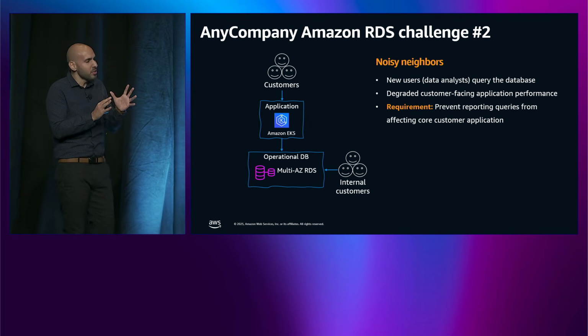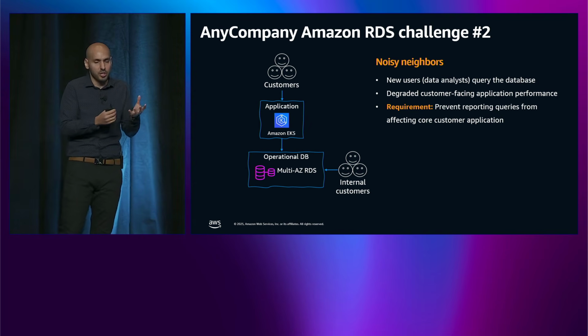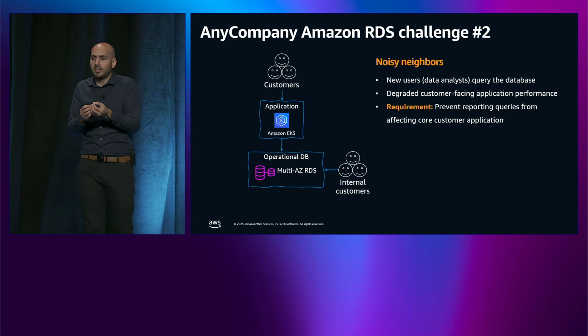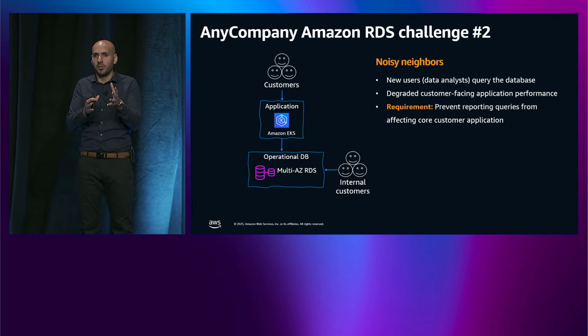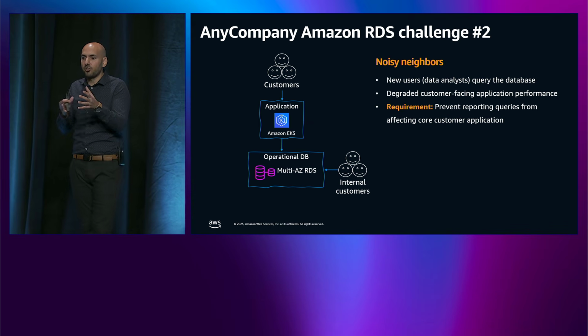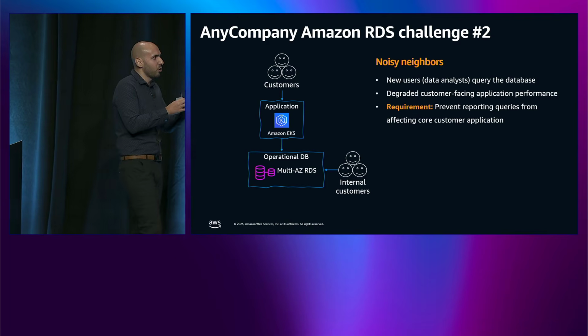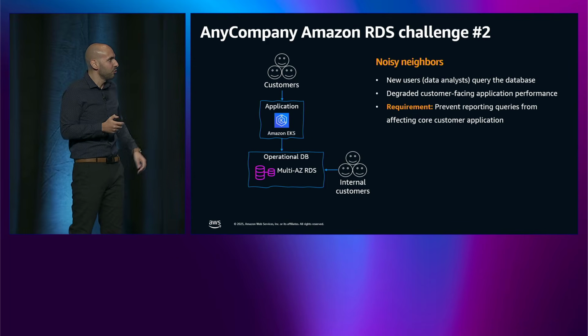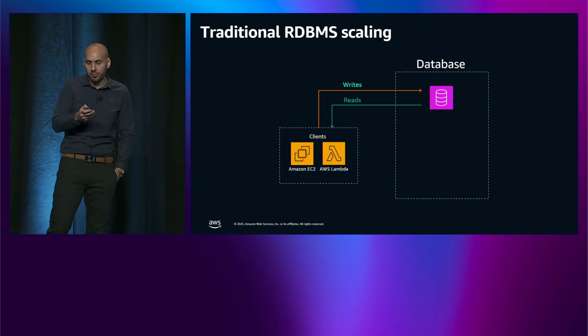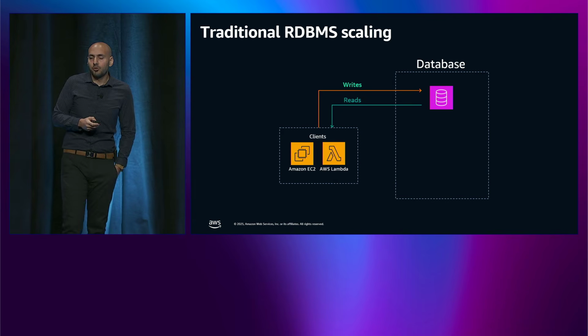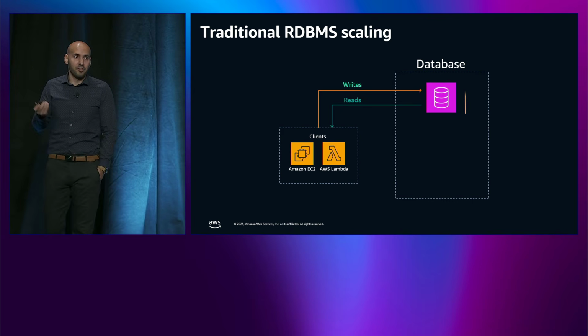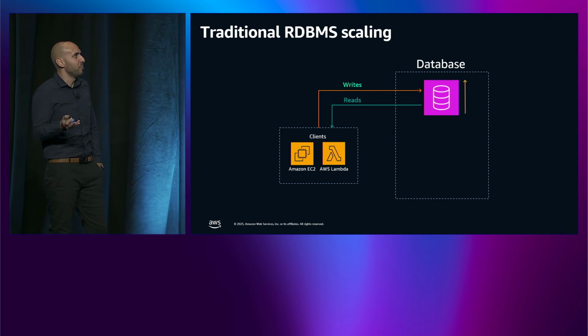So a common challenge that we need to address here is that we have competing workloads that interfere with each other. So we need a solution that can separate these workloads and manage them separately without affecting each other. One traditional scaling option is to scale vertically. You are all familiar with this option.